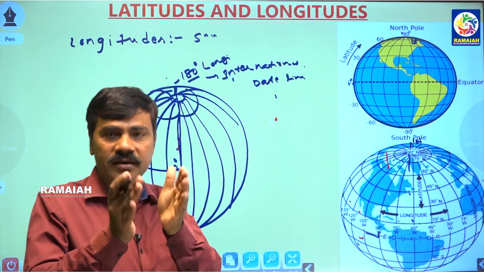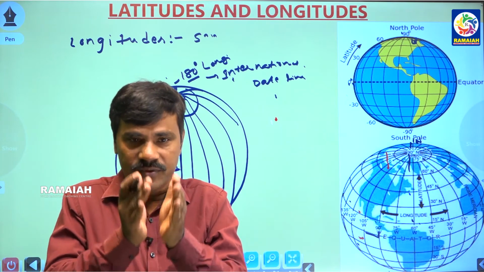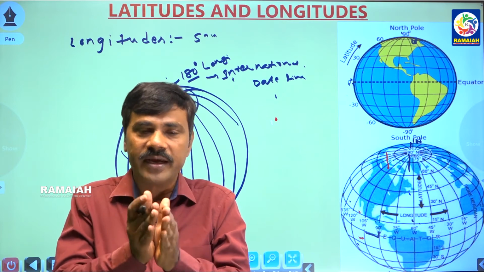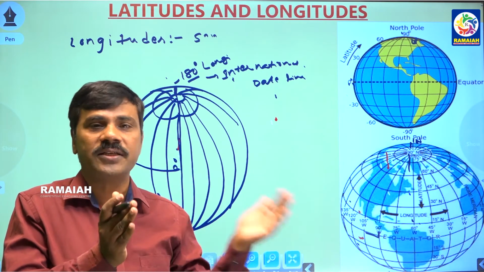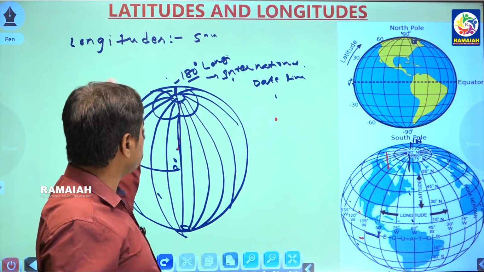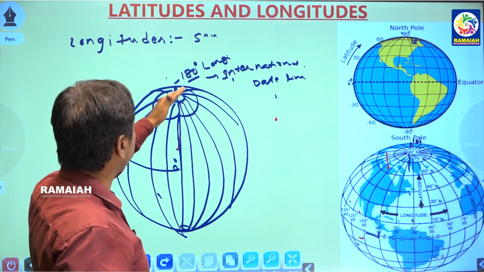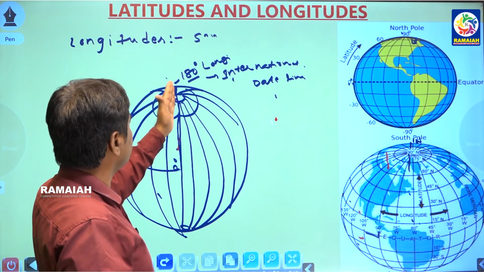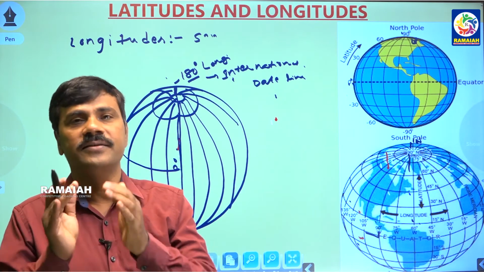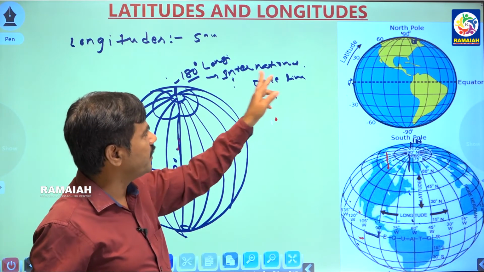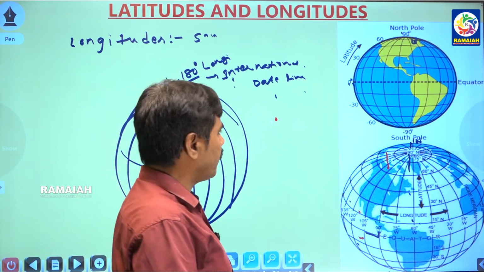At that 180 longitude, the date and day change. On the western side the day will increase, and on the eastern side the day will decrease. That's why this is called the international dateline.